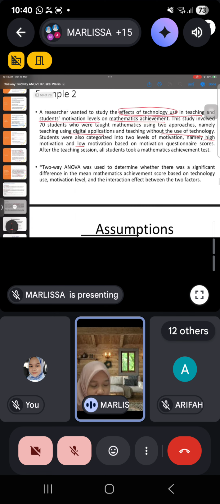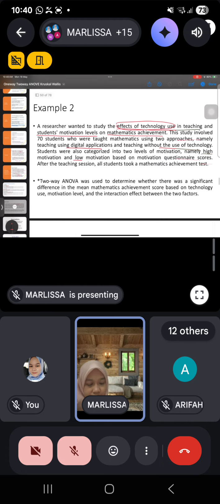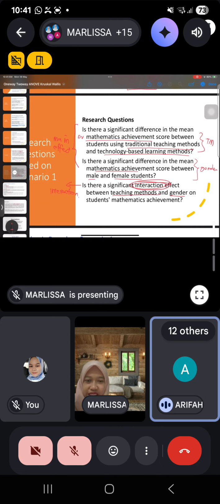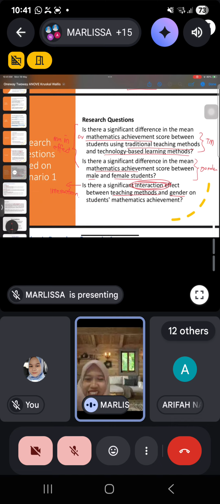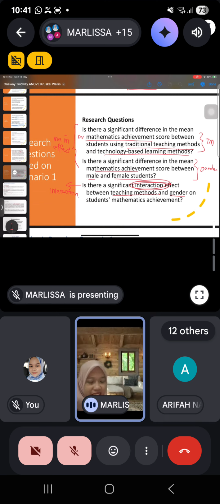And then the last one, can someone tell me the research question for the interaction effect? Is there a significant interaction effect between effects of technology used in teaching and students' motivation levels? Yes, all right.